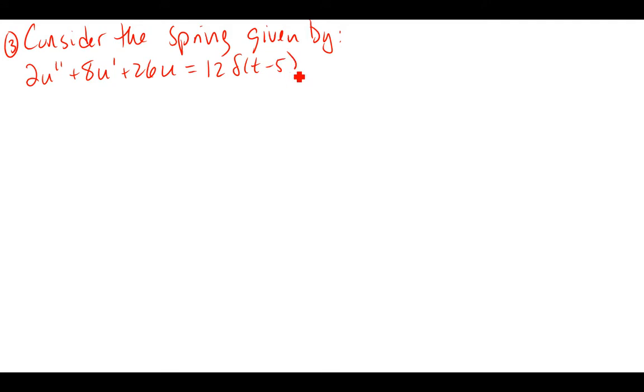So actually, this is the exact problem that we just did. But let's just make it a little more interesting here by saying that while there maybe will be no initial displacement, we will give it an initial velocity of, let's say, -3.